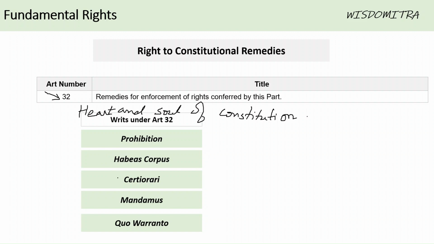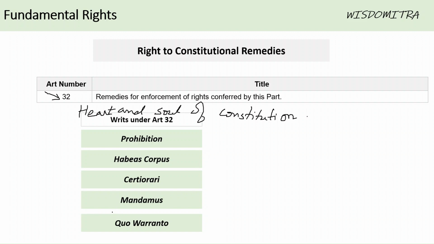Third is certiorari, under which the Supreme Court moves a case that is under some other court to itself for a review. Mandamus is asking a public authority to fulfill its duty, and quo warranto literally means under what authority.